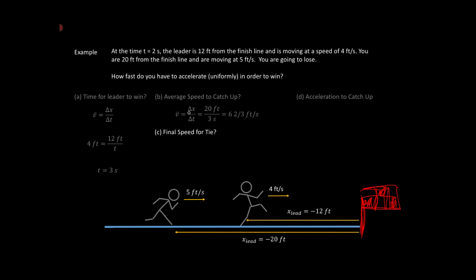For that, we use our other definition of the average velocity when your acceleration is uniform. That's v bar is equal to final plus initial over 2. Okay, so our v bar is equal to your final velocity, which is vf, plus your initial velocity, which is 5 feet per second, divided by 2.